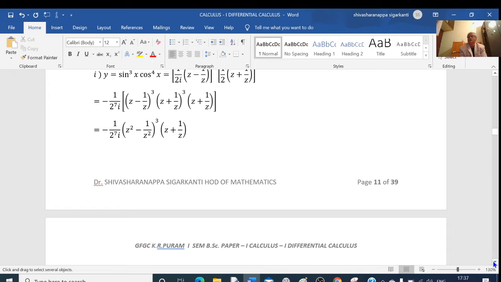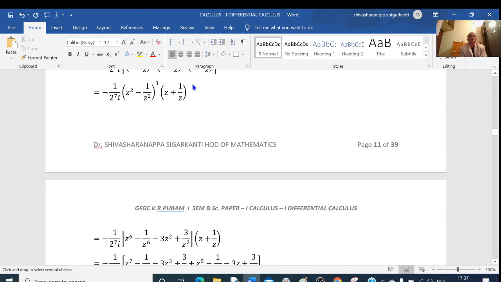So a cube is nothing but (z square) to the power of 3, that is z to the power of 6, minus b cube, cube of this, that is 1 by z to the power of 6, minus 3a square b, minus 3 into z raised to 4 into 1 by z square, that is minus 3z square, plus 3ab square, 3 into z square into 1 by z raised to 4, that is plus 3 by z square, into (z plus 1 by z) as it is.